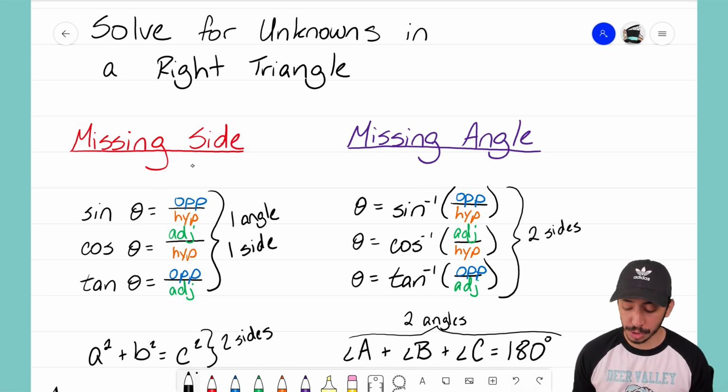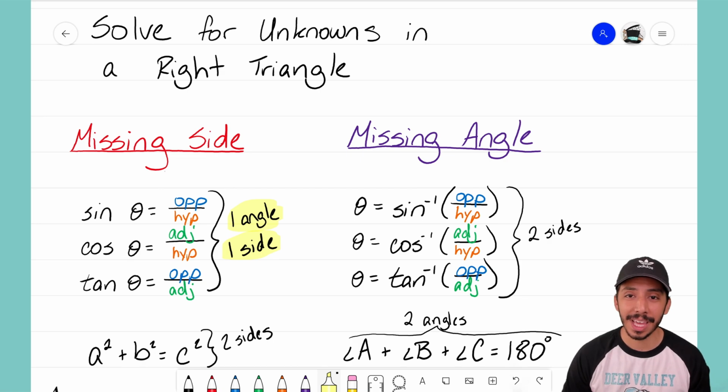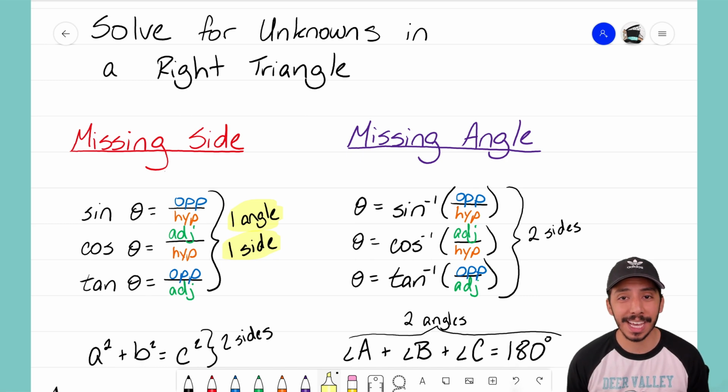We can only use sine, cosine, and tangent when we at least know one angle and one side. That is the only time that we can use those three trig functions, if we have those two parameters, one angle and one side in that right triangle. We also have another tool to help us solve for missing sides, and that is Pythagorean's theorem, which is written right here.